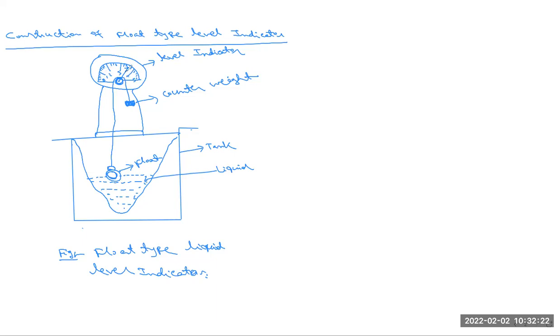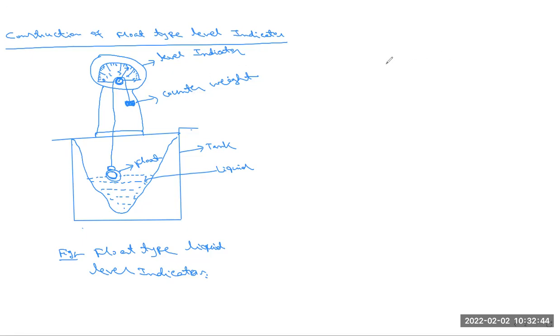These are equal divisions. This is the counterweight, which controls this level indicator, and you measure the particular level of the liquid using this scale. So this is one simple type of float type level indicator.